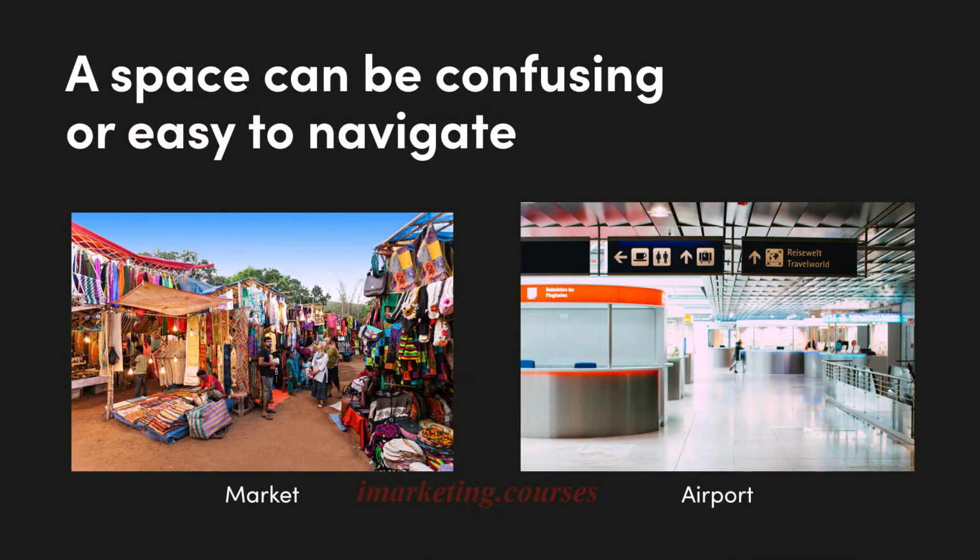Now, one more thing about space is that one space, for example, a marketplace, can be very confusing and disorienting, versus a space like the airport, where it almost doesn't matter where you are in the world or how big the airport is, you know how to orient yourself, mainly because it uses expectations that people understand. They understand how airports work and they all function the same way.